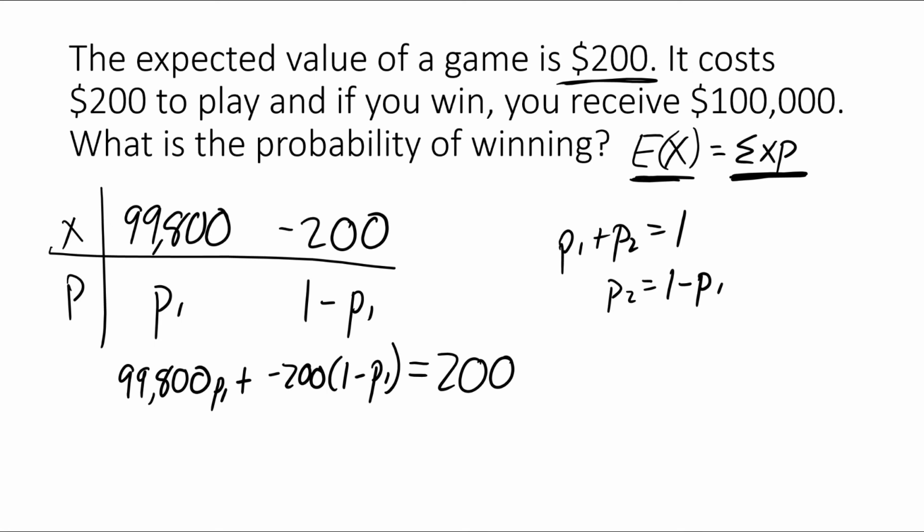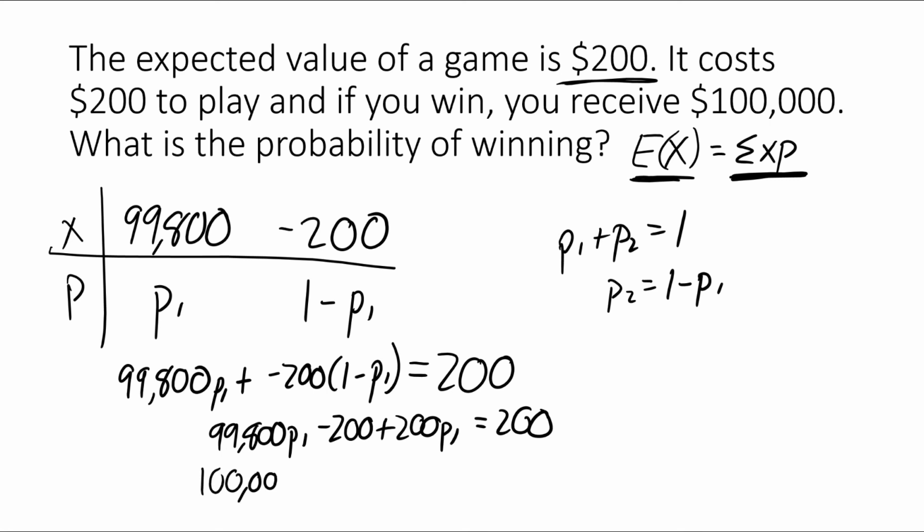So we can distribute that negative 200. So we'll have 99,800 P1 minus 200 plus 200 P1 equals 200. If we add our like terms, 99,800 P1 and 200 P1, we get 100,000 P1 minus 200 equals 200.